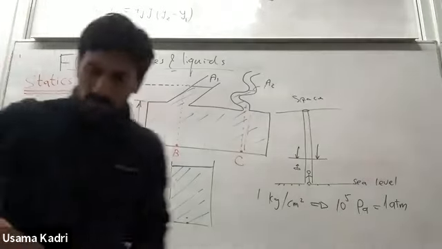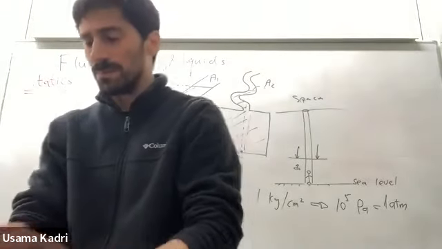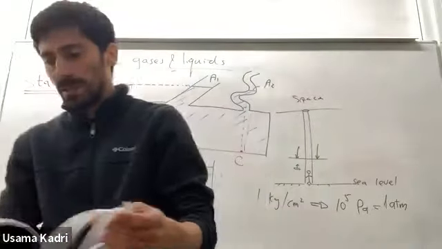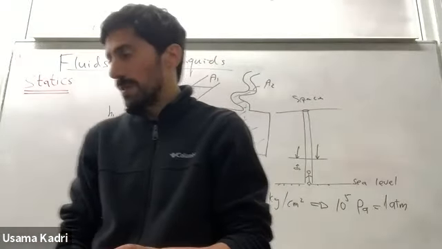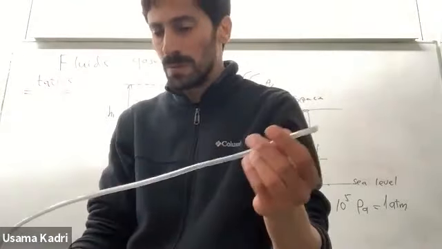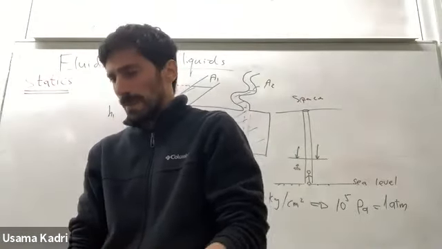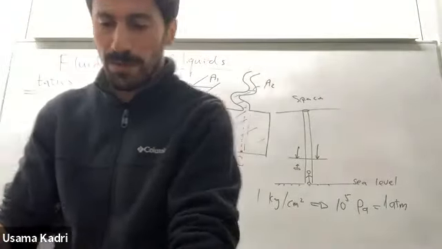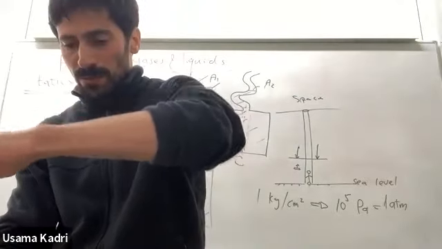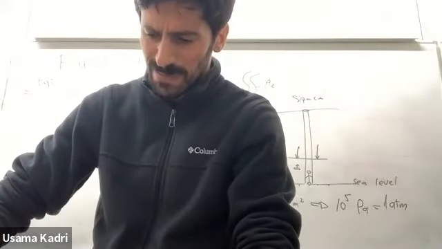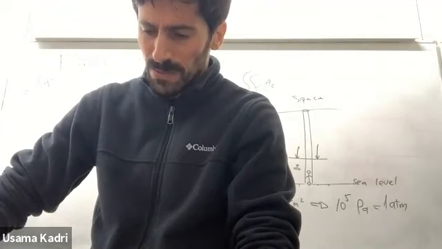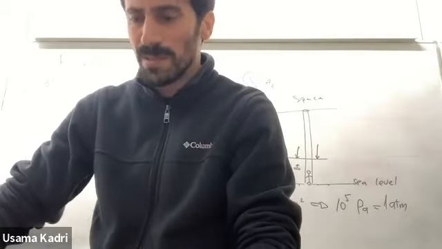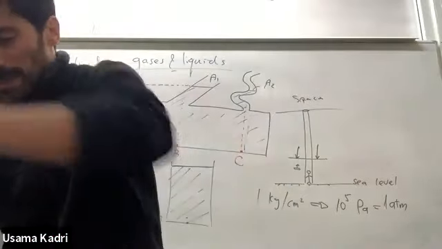You take a tube, just like that. You immerse it completely in a fluid, in water. Let's do it. Actually, I have some fluid here. So you immerse it completely. You should make sure that there are no air bubbles inside, which is something that could take some time.